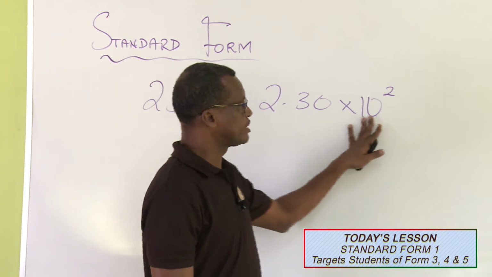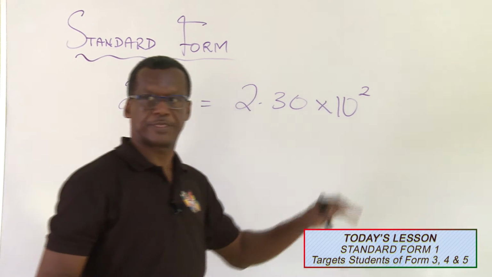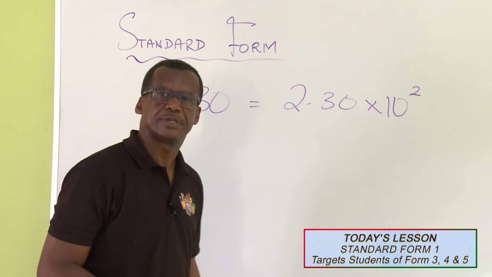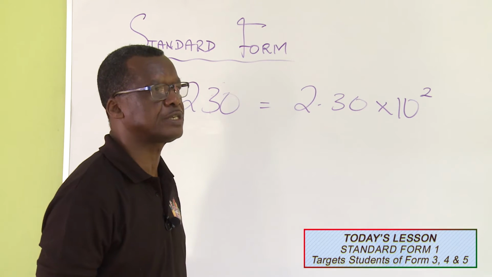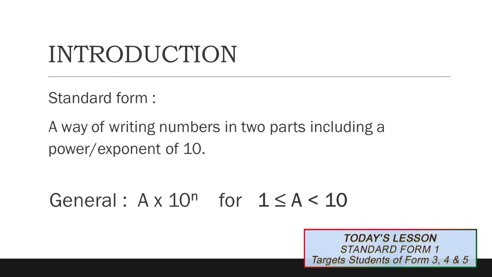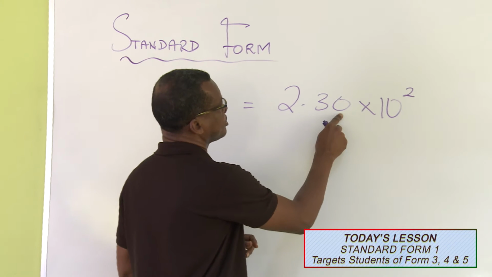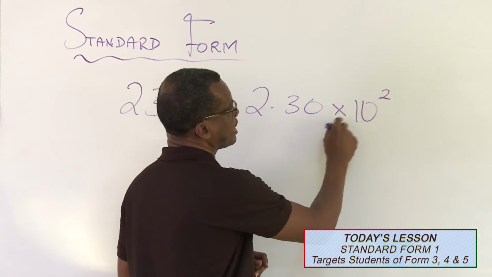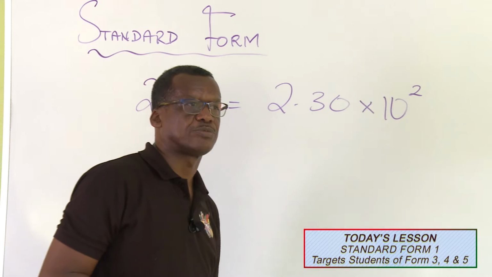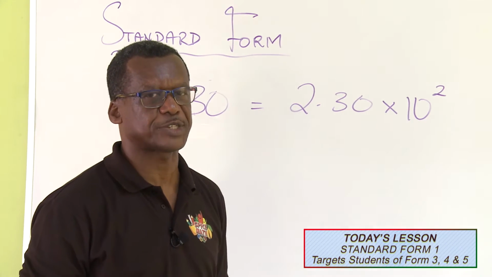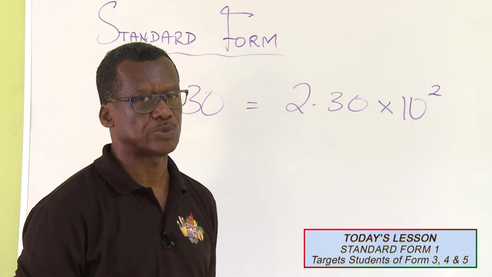On the right side, we have the same number, 230, but this time it's in standard form. And notice from the definition, it's written as the product of two numbers, 2.30 multiplied by 10 to the power of 2, otherwise known as 10 exponent 2.